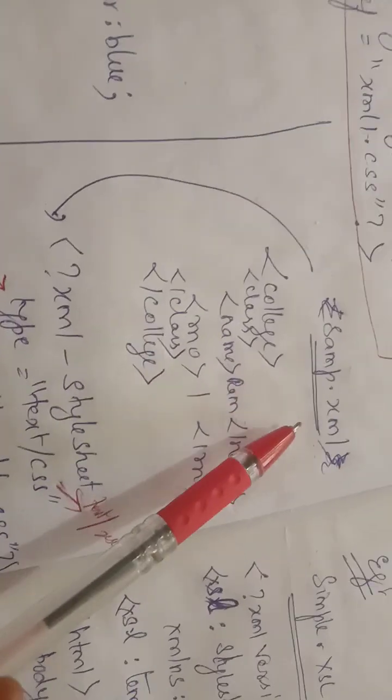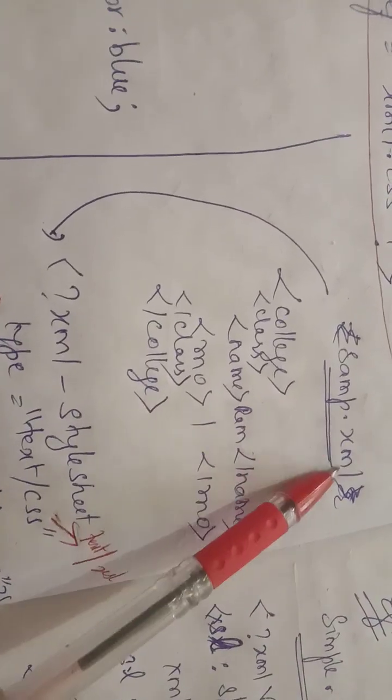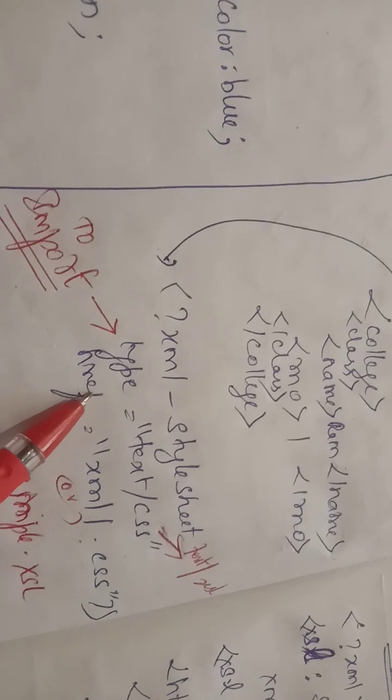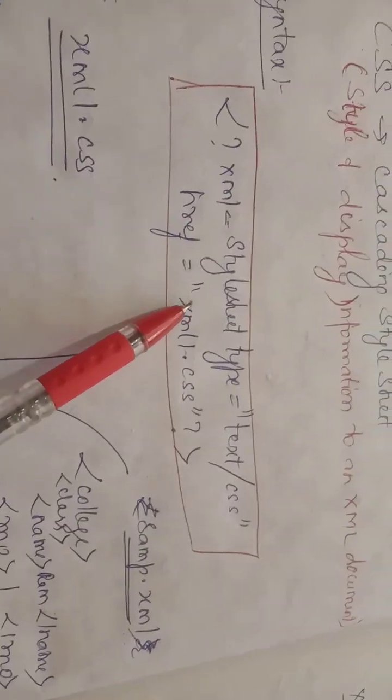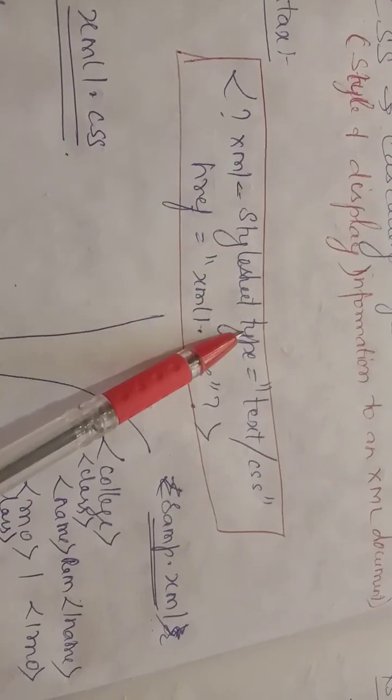Then in this XML sample, that is an XML file, what you have to do is you have to import the statement. So whatever the syntax I had told you before, that should be imported. See here, this must be the first line.